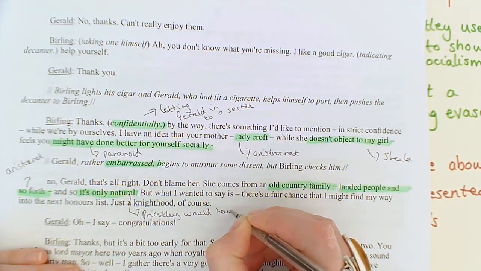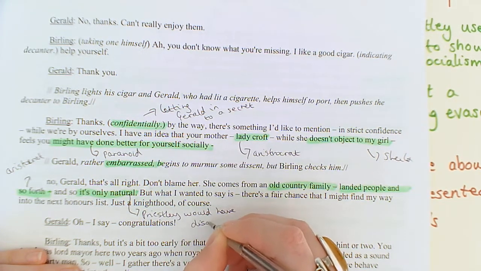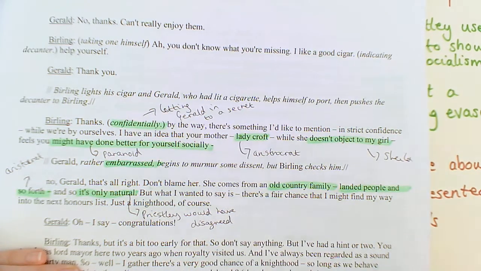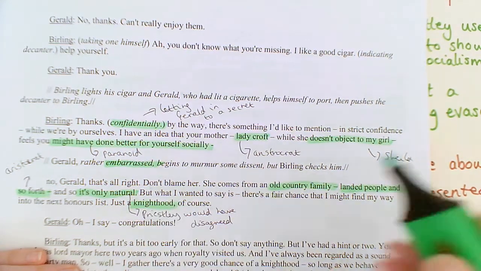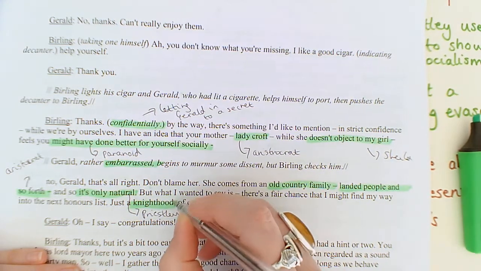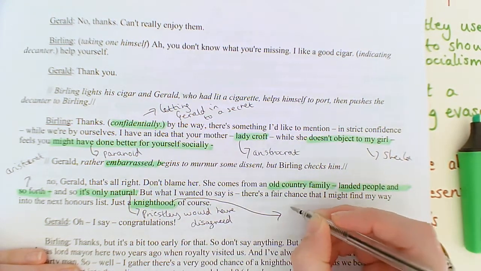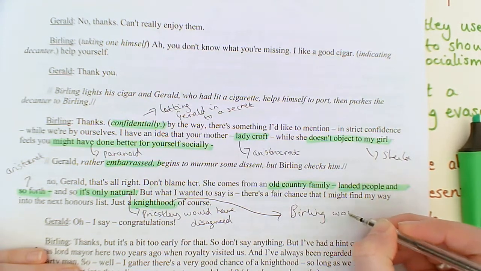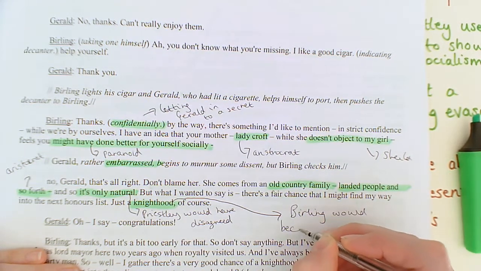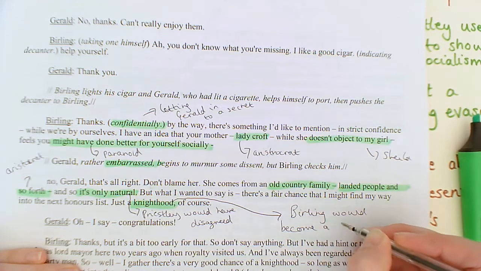It's not natural to look down on someone because of their social class. That's ridiculous. But what I wanted to say is there's a fair chance I might find my way into the next honours list. Just a knighthood, of course. Now this is really important because Birling would become a Sir.